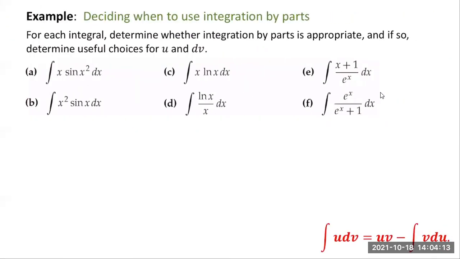All right, next I want to go over this particular example, deciding when to use integration by parts. We need to determine whether integration by parts or integration by substitution would be better for each integral. So what about the first part?